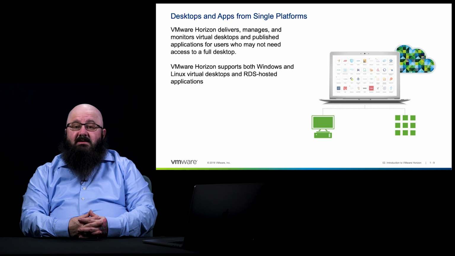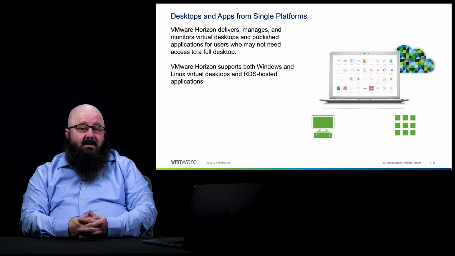It doesn't look different whether it's on one device or another. And that's really important because end users sometimes have difficulty when things look just a little bit different. So if we're able to ensure that the look and feel is the same, regardless of which device they use, that can mean happier end users. And that's one of the things that Horizon builds into it.